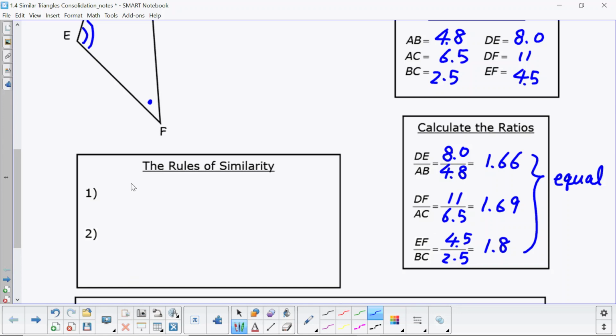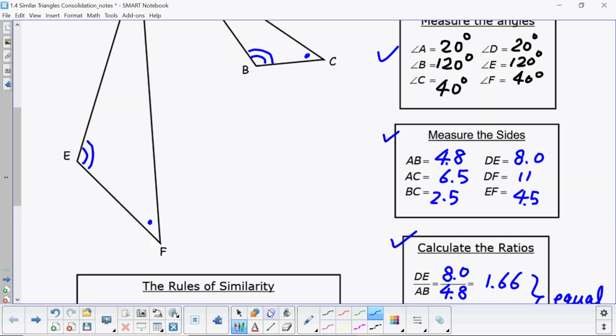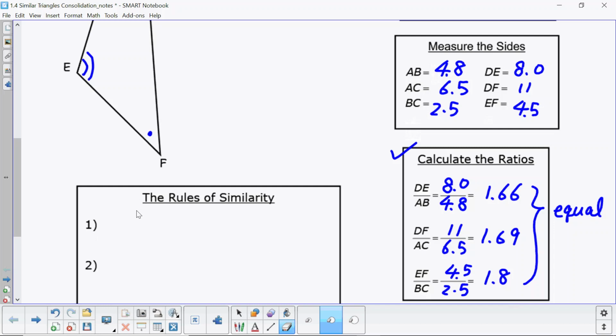Okay, so now we have figured out two properties for similar triangles. One property is that the corresponding angles are equal. So the first property for similar triangles is corresponding angles are equal.